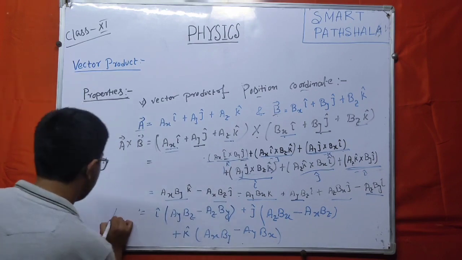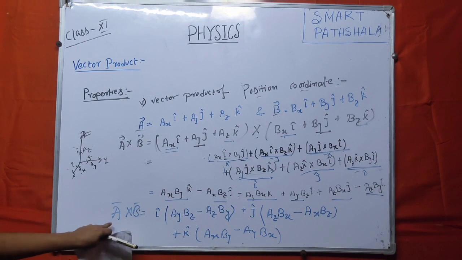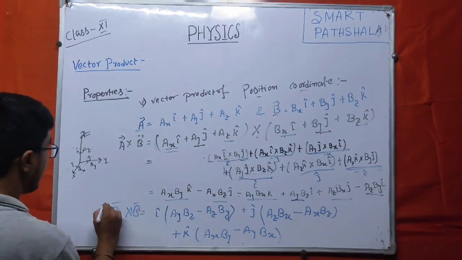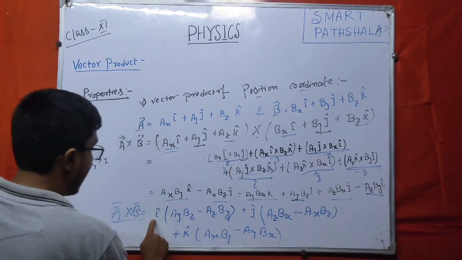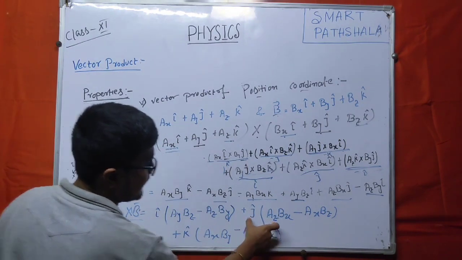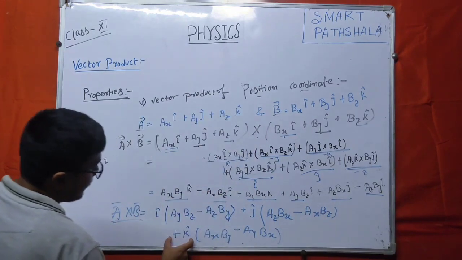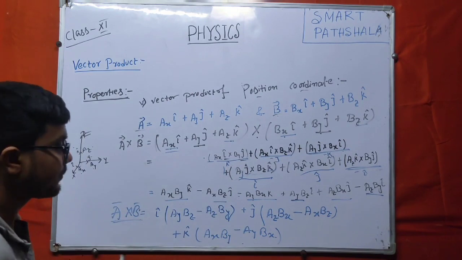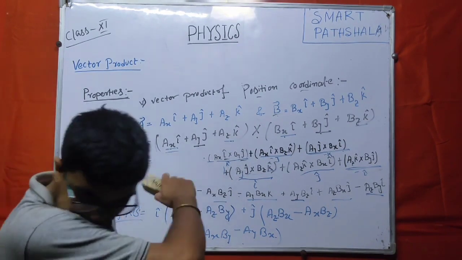That is our final result, A cross B. Here the vector product of position coordinates of two vectors A cross B is given as I cap into (ay bz minus az by) plus j cap into (az bx minus ax bz) plus k cap into (ax by minus ay bx). So these are the properties of vector product.